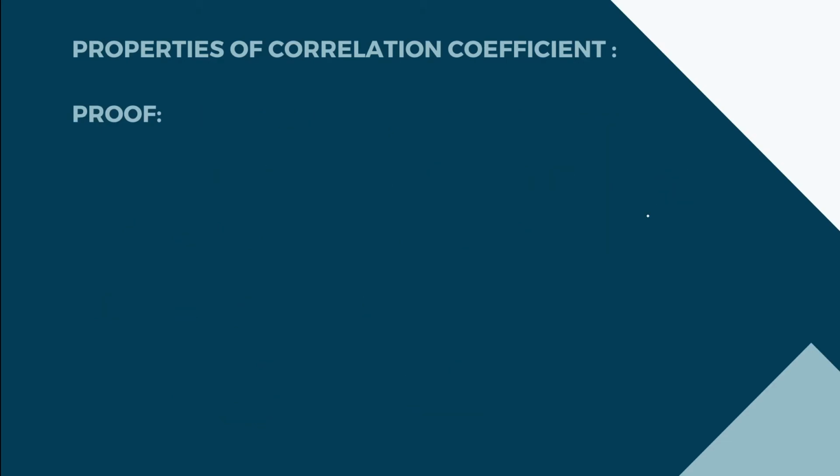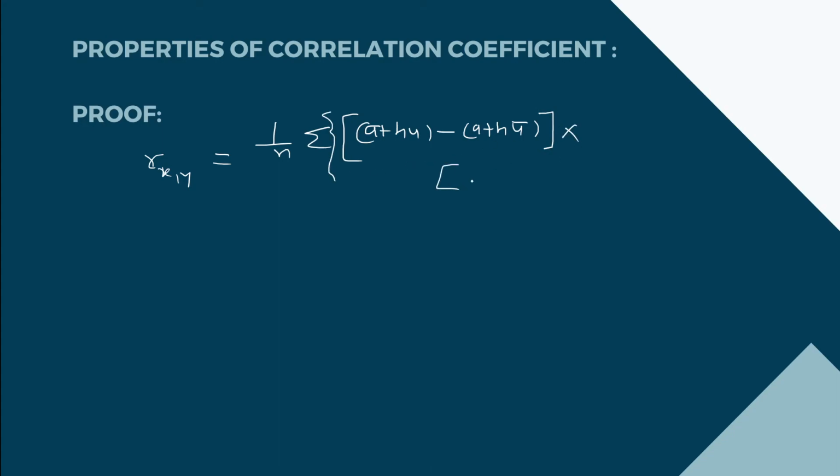We get r x comma y is equal to 1 upon n summation (a plus hu, value of x, minus a plus h u bar, value of x bar) into bracket, the next bracket is (b plus kv minus b plus k v bar).